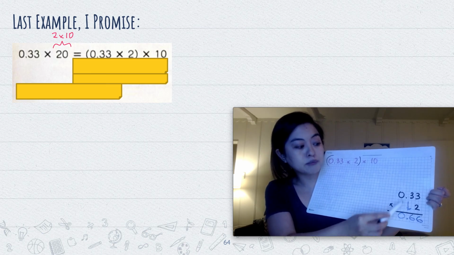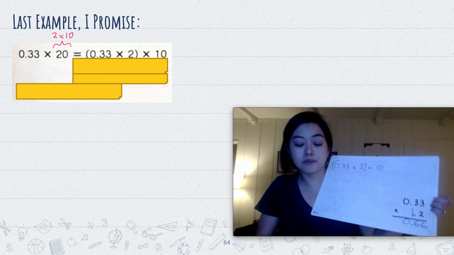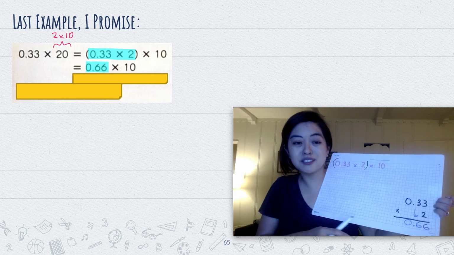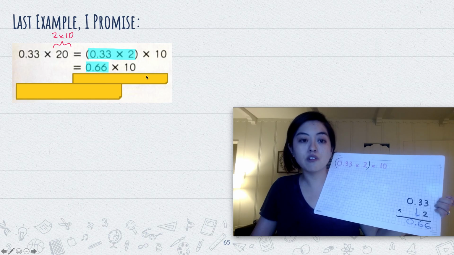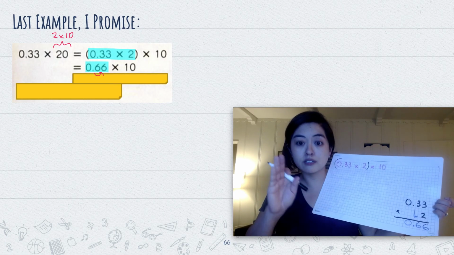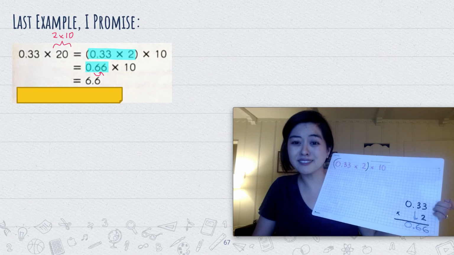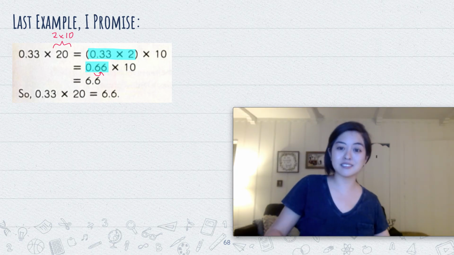So when you drop the decimal point, it'll be in the right spot. So 0.33 times 2 is 0.66, as you can see on the screen. Okay? We're going to multiply by 10, and to do that, you're going to move the decimal place over to the right once, and it's between a 6 and a 6, so it's 6.6. So 0.33 times 20 is 6.6.